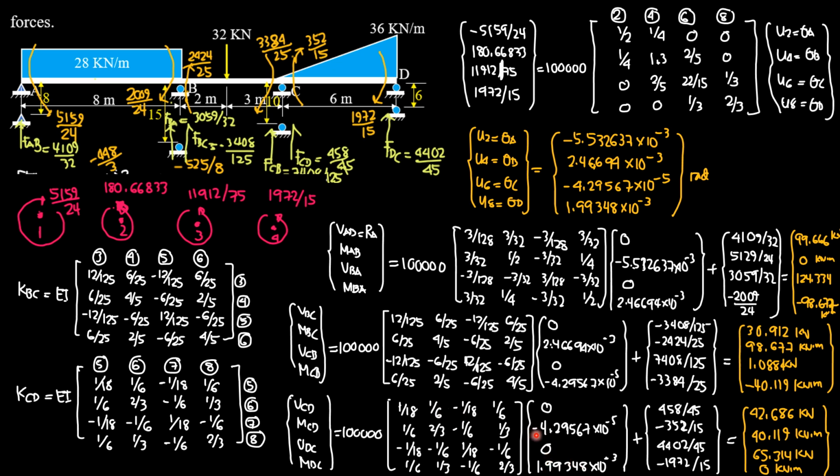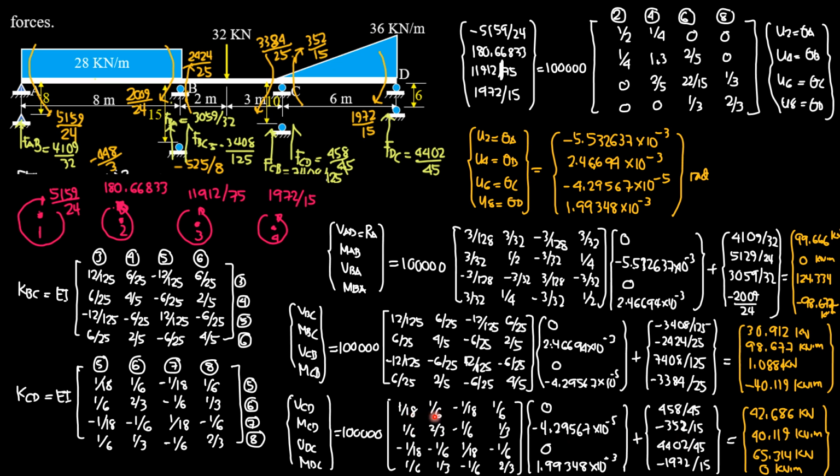So 1/6 times negative 4.29567 times 10 to the negative 5 plus 1/6 times 1.99348 times 10 to the negative 3, times 100,000, plus the fixed forces: 458 over 45 positive, clockwise so negative 352 over 15, then positive 4402 over 45, then clockwise so negative 1972 over 15.